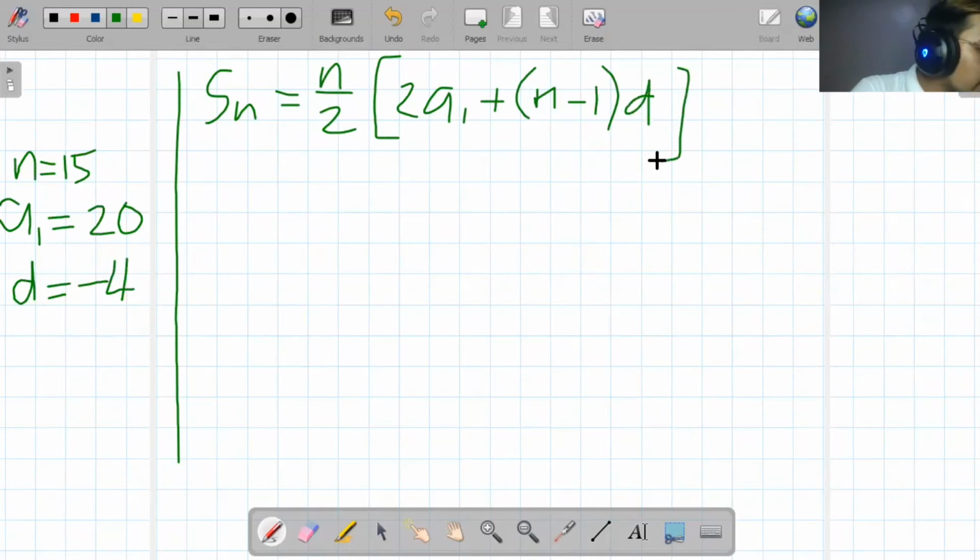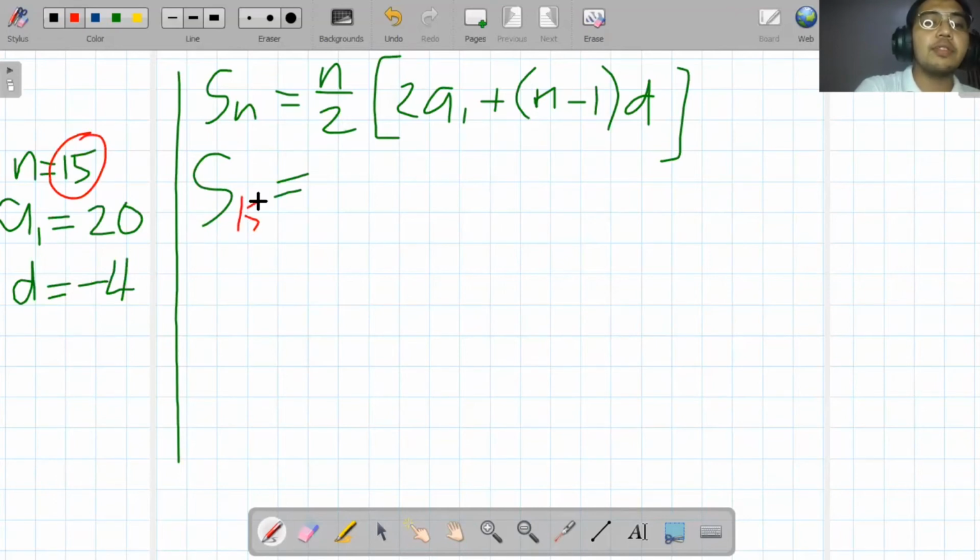Okay? That's the correct formula. So, substitute. This is S. And then again, n is 15. So, replace all n with 15. That one, replace with 15. This one, replace with 15. Okay? That's 15.